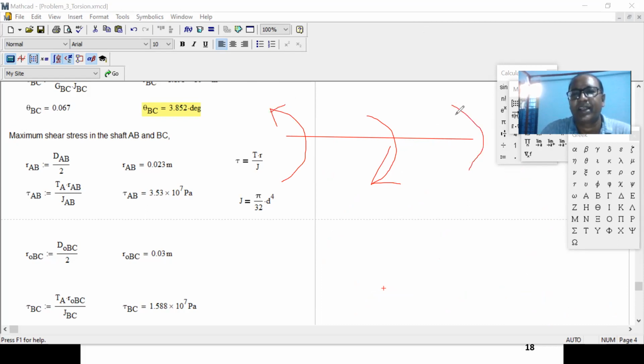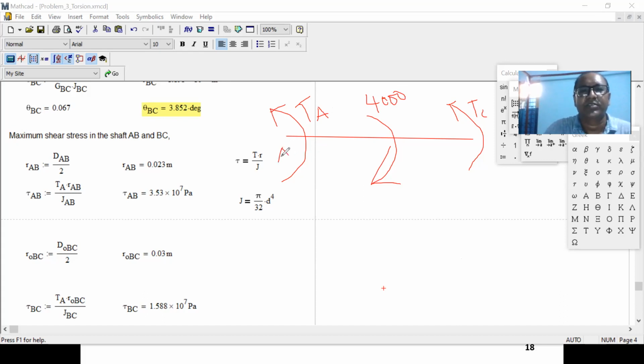Right over here anti-clockwise TC, right? TC, this one TA, and this one 4,000. Now, the way you ask the question, it is possible. We can put 4,000 with portion AB.